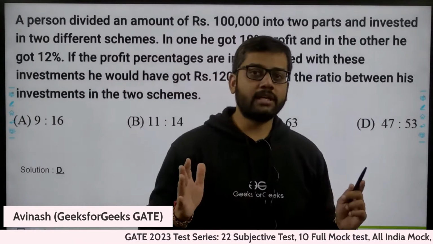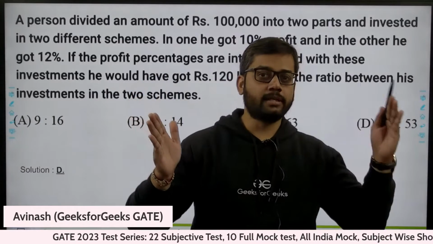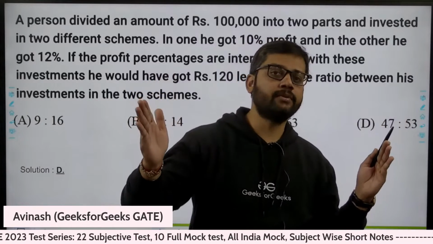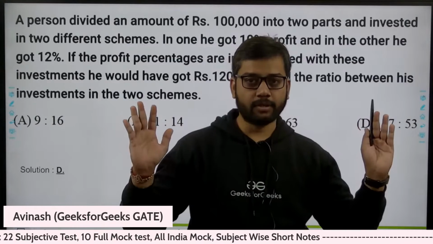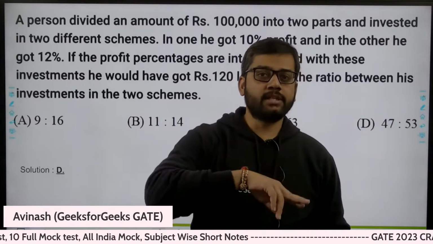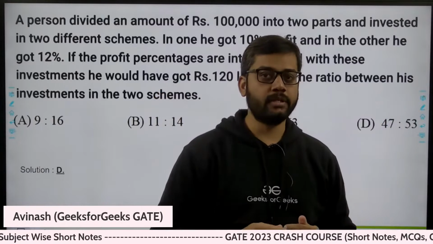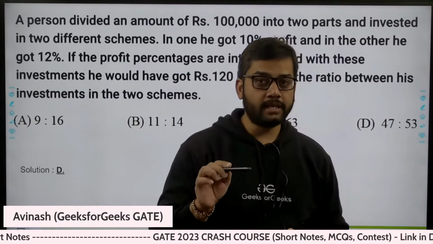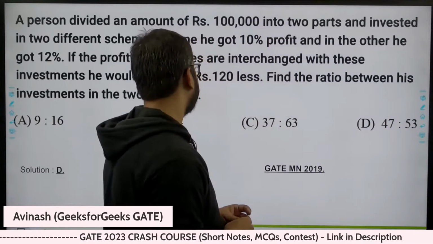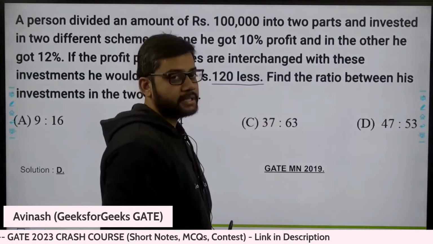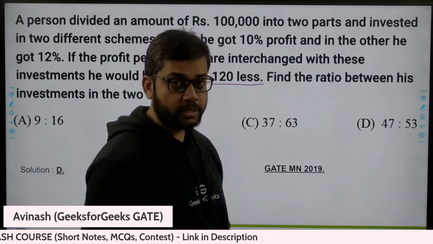Now if I interchange this, here I get 12% and here I get 10% profit. In that case I am getting a loss of 120 rupees less.